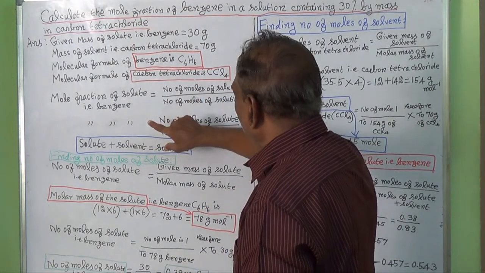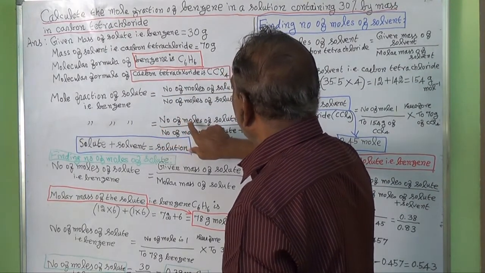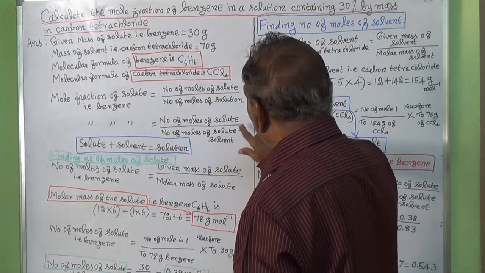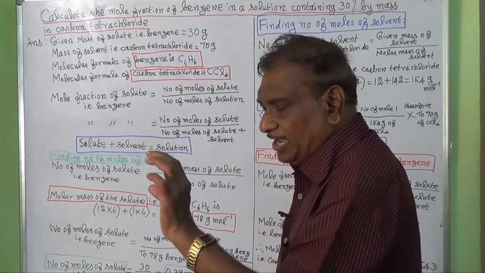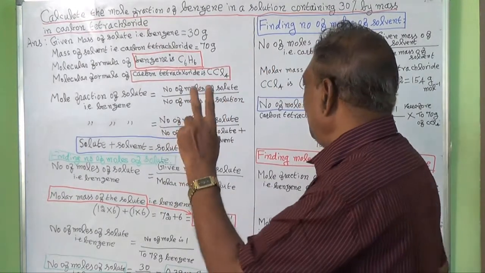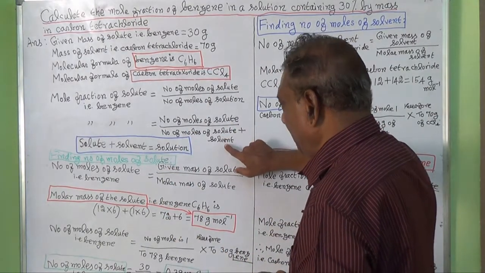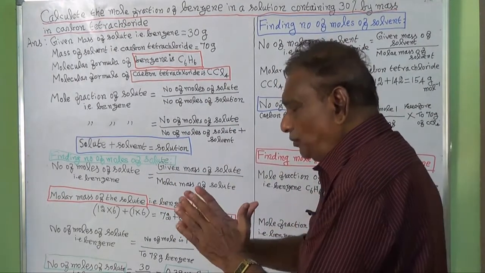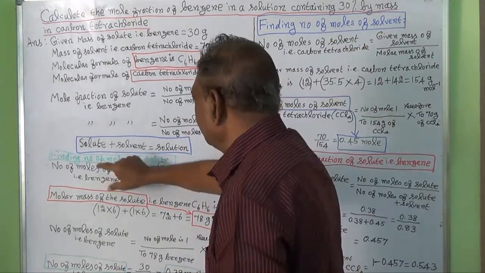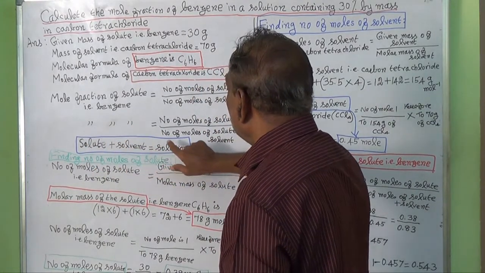We are writing this formula as number of moles of solute by number of moles of solute plus solvent. Why? As already told, in a binary solution, there are solute and the solvent. The solute plus solvent will give the solution. It is written here: solute plus solvent equal to solution.